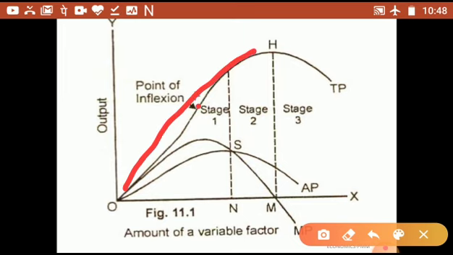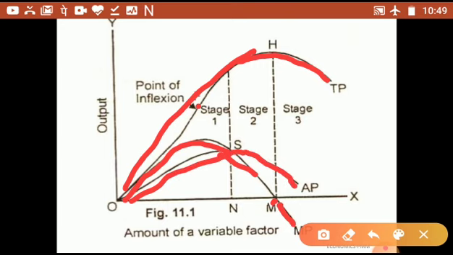After this point it starts increasing at a decreasing rate, whereas marginal product goes on increasing and starts declining, and when it touches the x-axis it's 0. Beyond that, if the producer employs additional units of labor, it becomes negative, whereas average product is more consistent compared to the marginal product. It goes on increasing, becomes constant and starts declining.